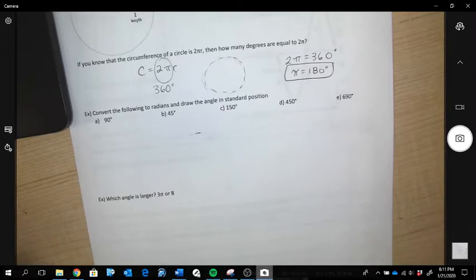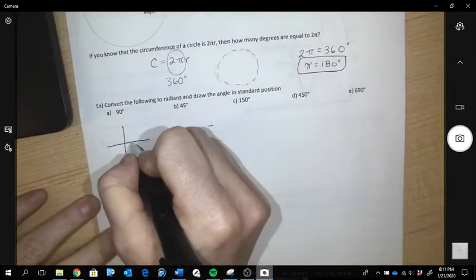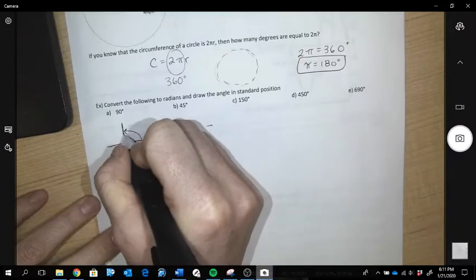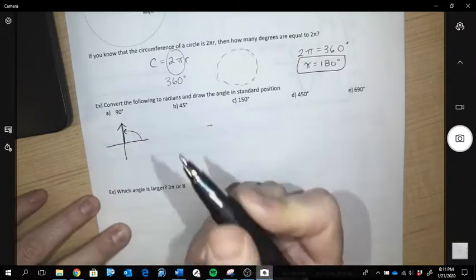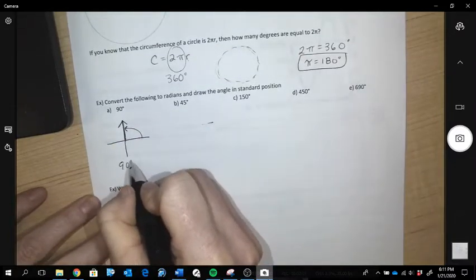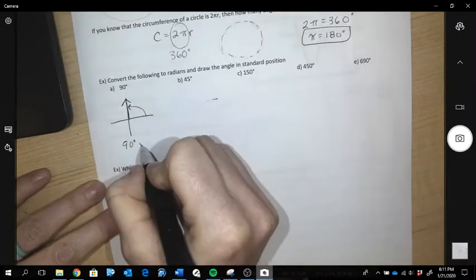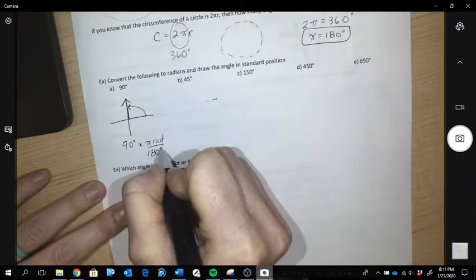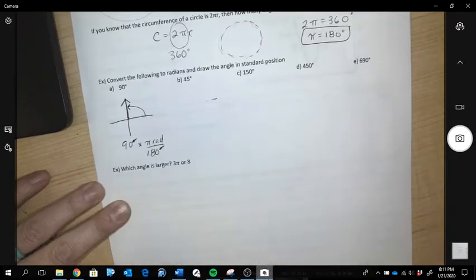Okay, so convert the following to radians and draw in standard position. So 90 degrees would be landing right here. Okay, so I'm going to take 90 degrees and I'm going to times by pi radians and divide by 180 degrees to cancel the degrees.